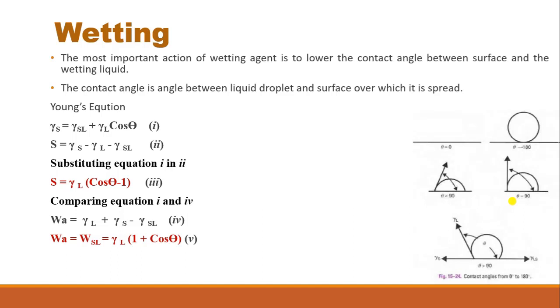So here we are going to discuss why wetting does not occur. Wetting is used for preparation of suspension and emulsion, for granule preparation for tablet, for film coating of tablet, and for dissolution of tablet.